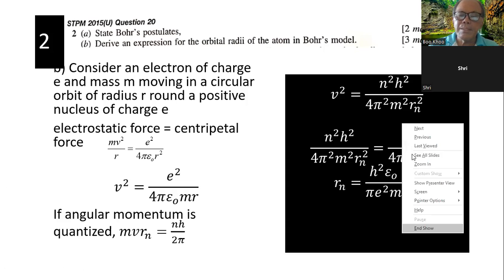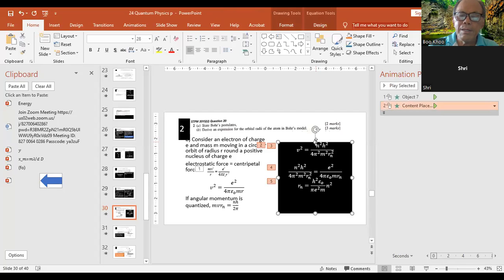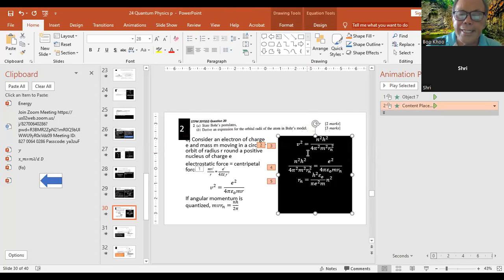Why is it mvr equals nh over 2 pi formula? Which one are you talking about? This one. This one is your electrostatic force equals centripetal force.